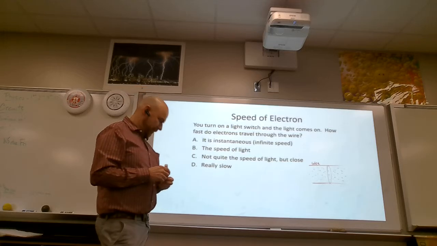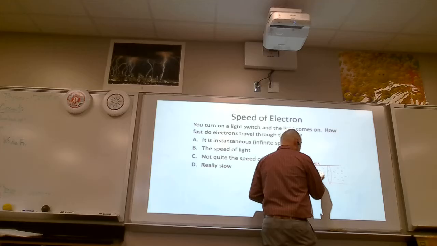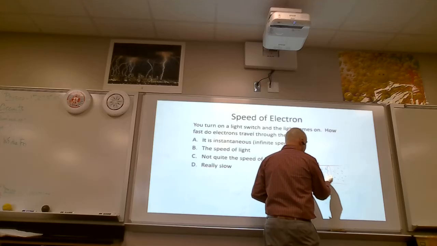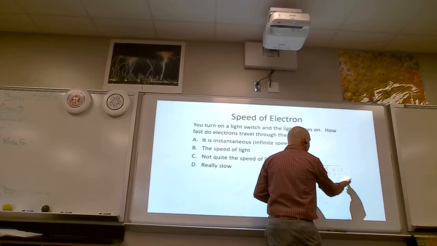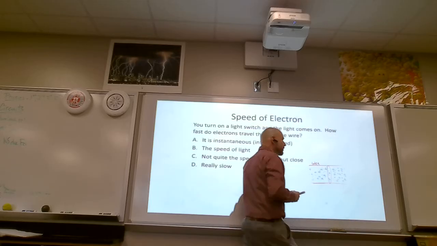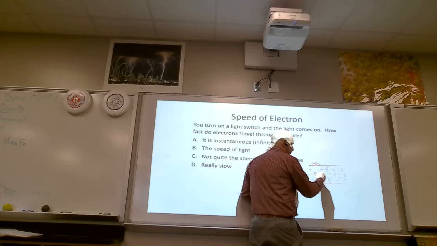So, the life of an electron is a pretty rough gig. There's this crystal lattice of all the nuclei that these guys have to navigate through. It's a rough gauntlet.